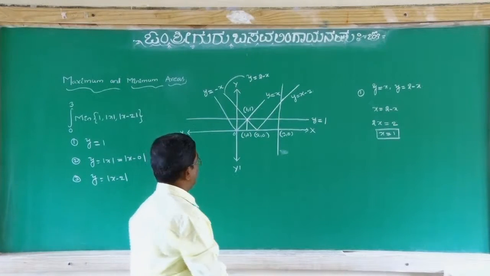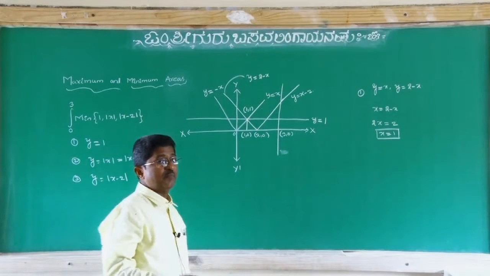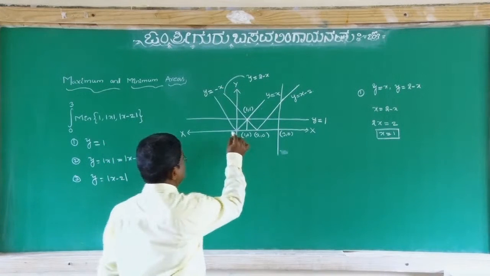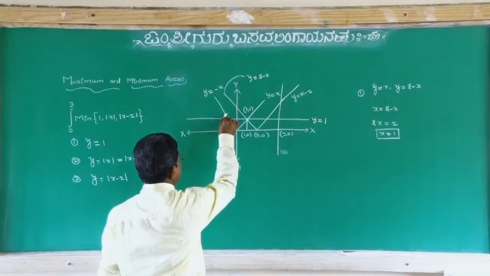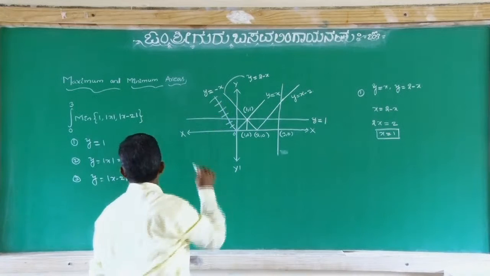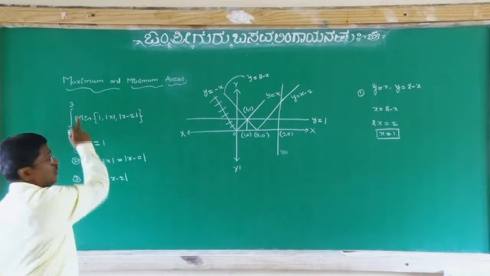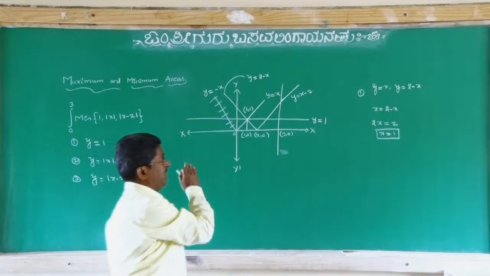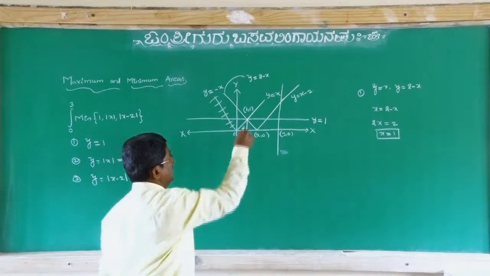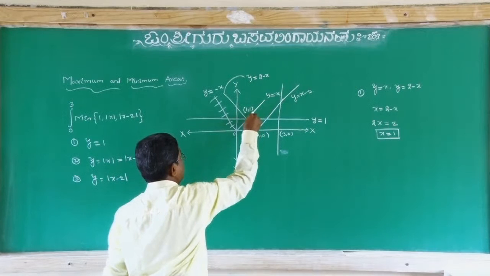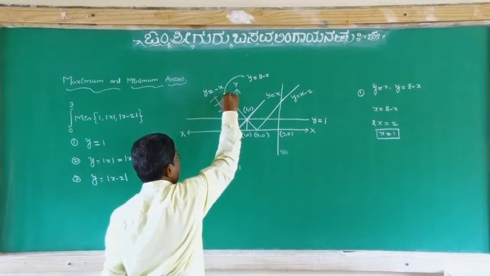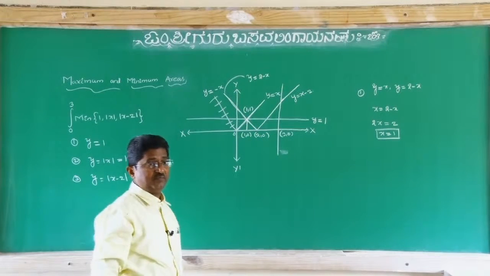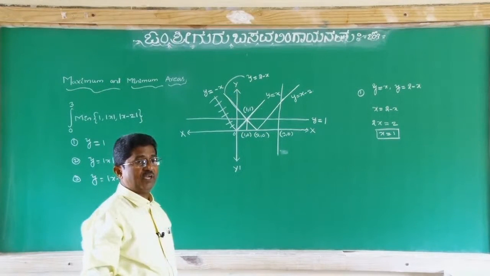But we have to determine the minimum area, meaning below the point of intersection of the curves. Suppose this portion is neglected. What is the reason? We have to determine between the interval 0 to 3, and there is no negative portion, so the negative portion is eliminated. After that, the line y is equal to x and y is equal to 2 minus x, be careful, very important, these two lines intersect at the point 1, 1.